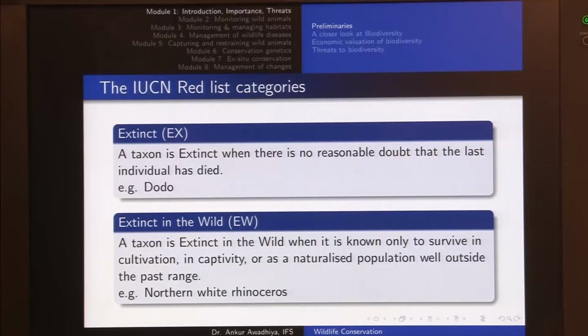So, if there is a species that is extinct, there is hardly anything that we can do about it, though these days with technology we are trying to de-extinct some of these species. Now, in the case of de-extinction, what we do is that we could start from any preserved sample of that organism. So, say a stuffed bird can be used, and if we could figure out some of its cells that have the genetic information intact, we could try cloning that bird.